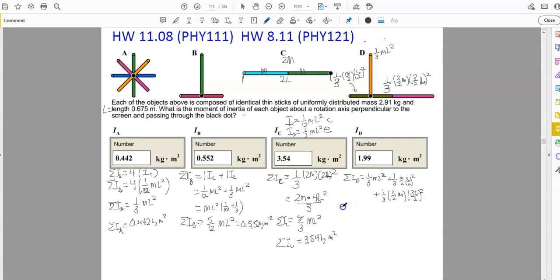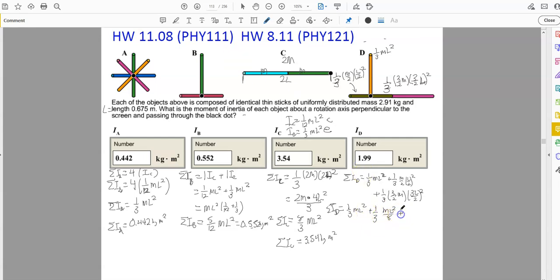All right, I'm going to try to give myself enough room. So the sum of the moment of inertia at D is going to be equal to 1/3 ML squared. I'm going to multiply this out. L over 2 squared is L squared over 4, times M over 2, so plus 1/3, and that looks like it's going to be ML squared over 8.